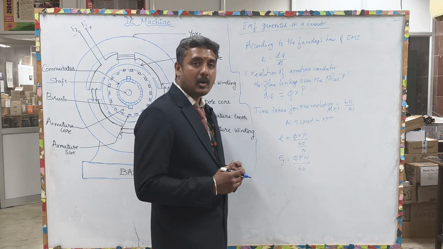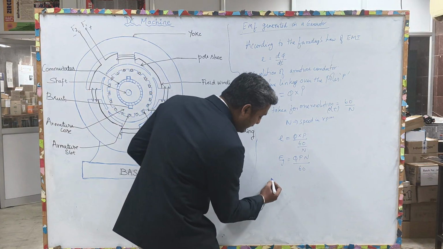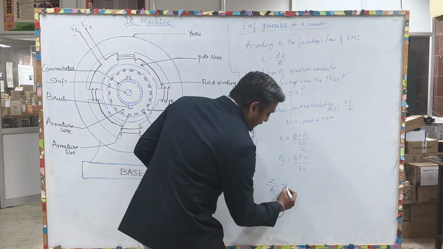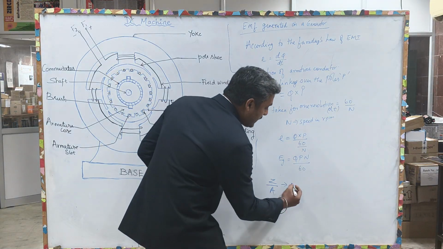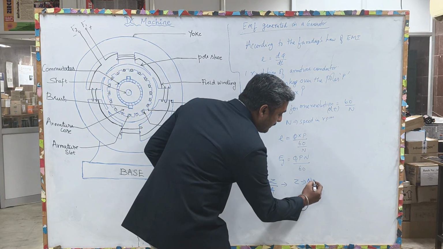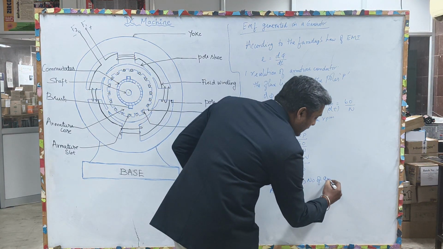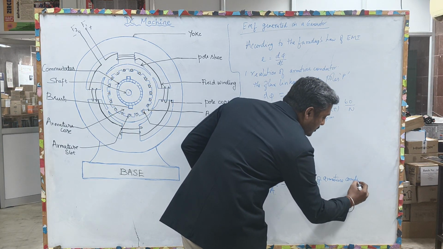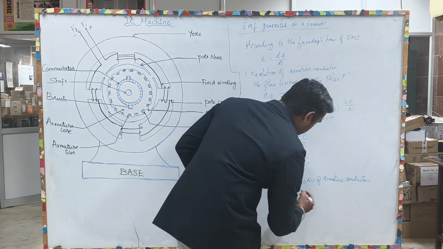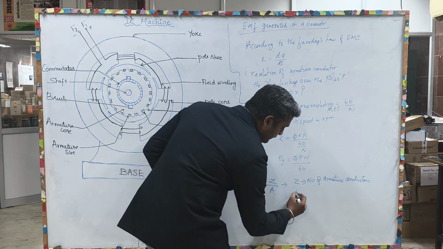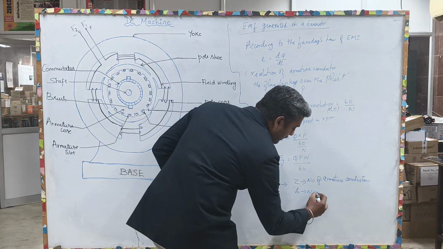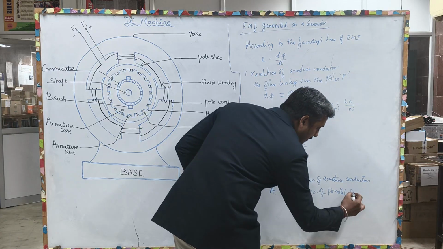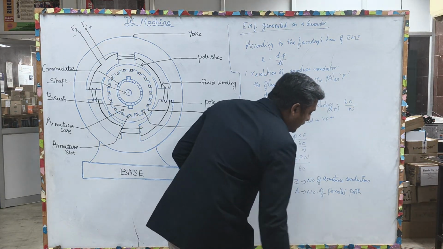If you add all of these, you will have the ratio Z by A, where Z is the number of armature conductors and A is the number of parallel paths.